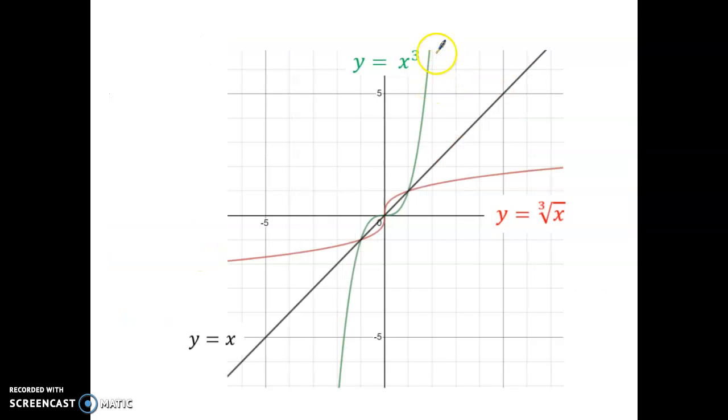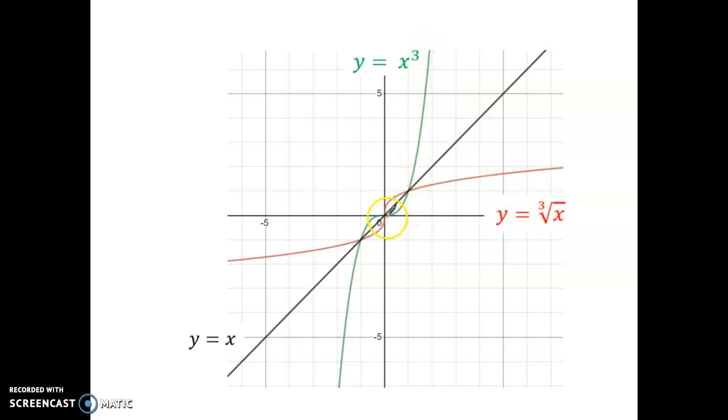All right, now just like before, let's look at those two together. X to the third and cube root of x are inverses of one another. They undo each other. So here's the green one. That's x cubed, which we looked at in a different video. Here's the red one, cube root of x, which we're looking at right now. And there's that diagonal line, y equals x. And you can see, just like before, the cube root of x and x cubed are mirror images of each other.